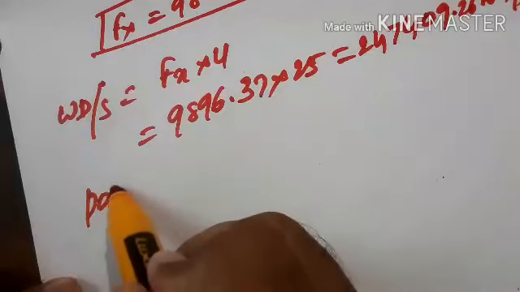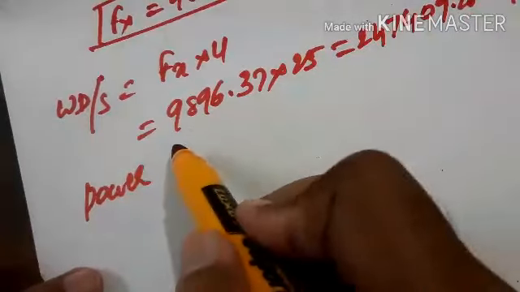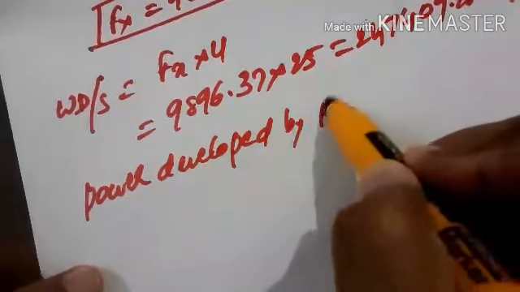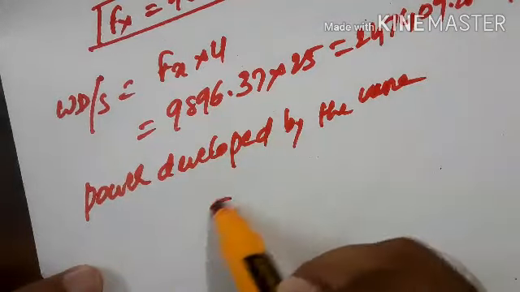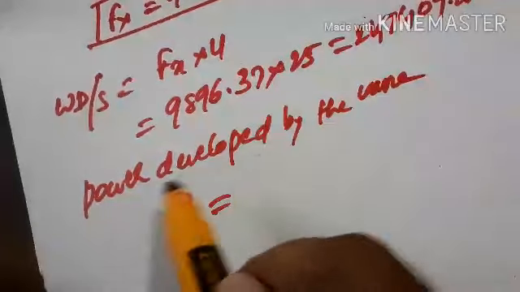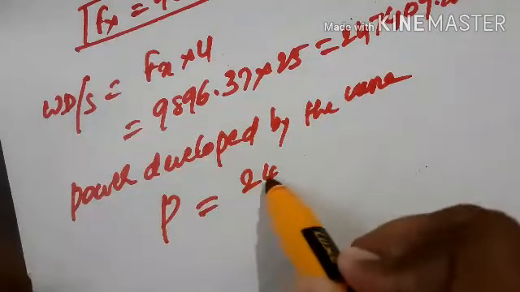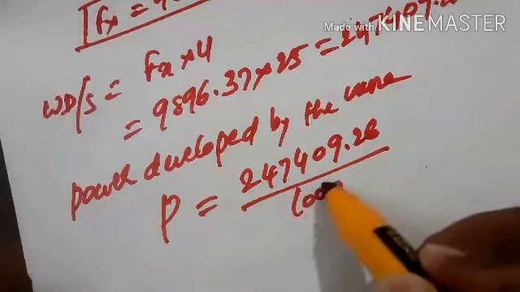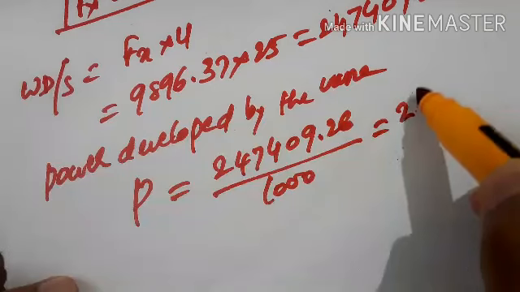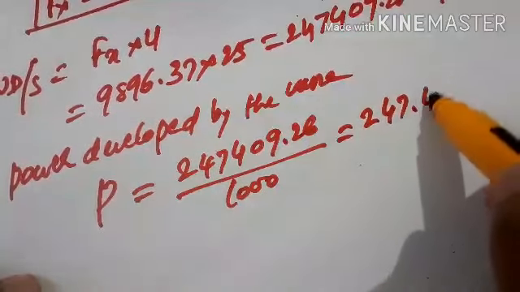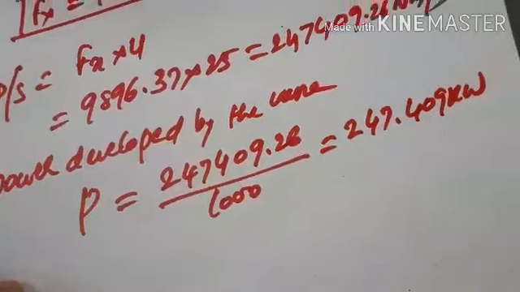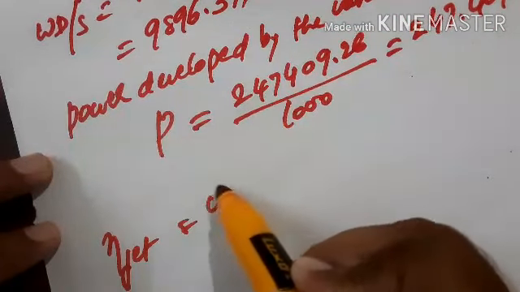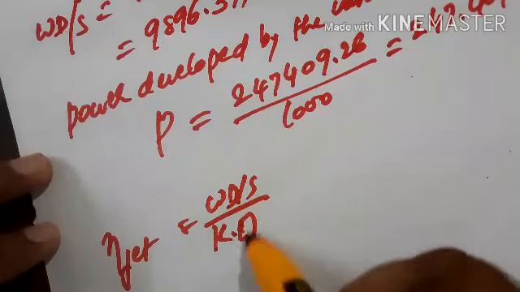Then power developed by the vane will be 247409.26 divided by 1000, we'll get 247.409 kilowatt. Okay. Then efficiency of the jet can be written as work done per second divided by kinetic energy per second.